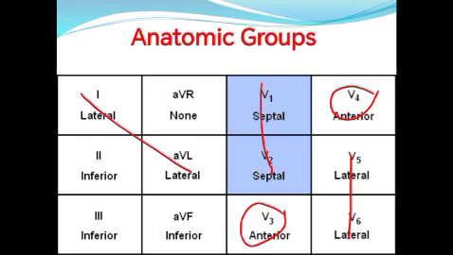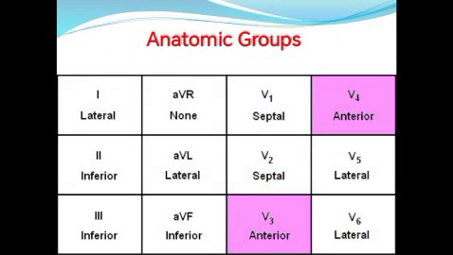For the inferior we have 2, 3 and AVF. These are the leads that face the inferior part of the heart. AVR faces none. Okay, this is a repetition of this.